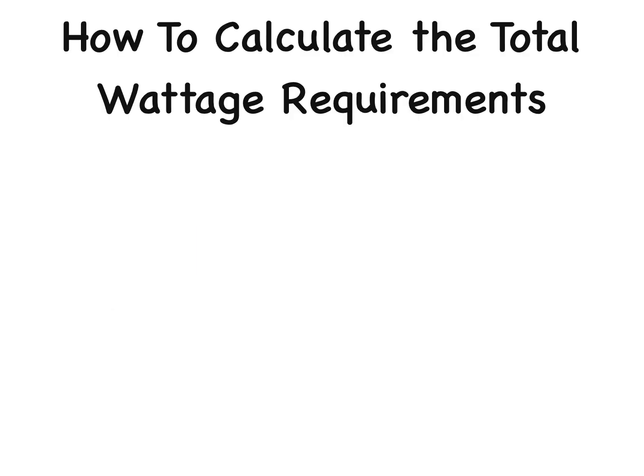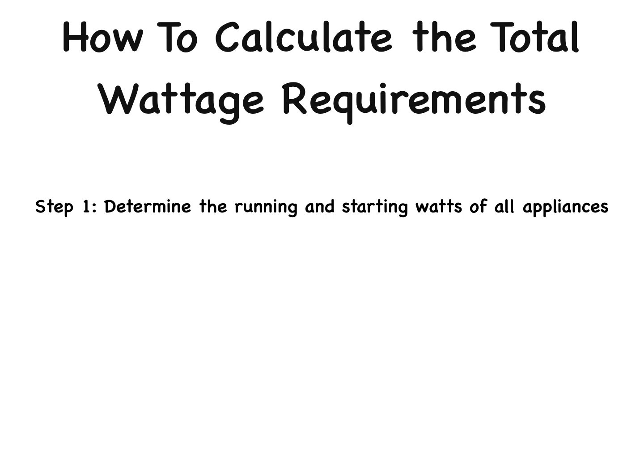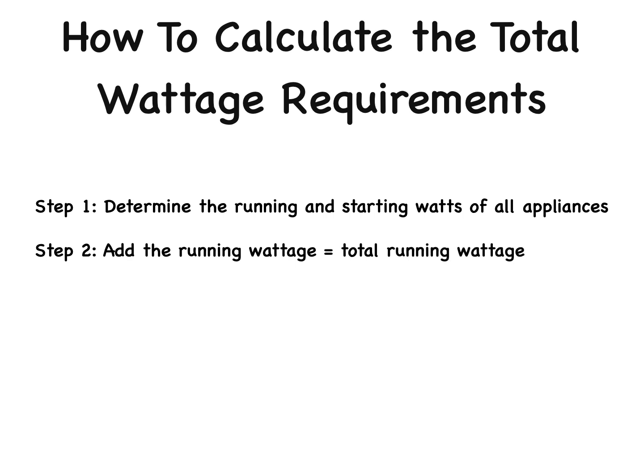This is how to calculate the total wattage requirements when dealing with a variety of motor loads. Step 1. Determine the running and starting watts of all appliances that you want to power with the generator. Step 2. Add the running watts of all appliances to find the total running wattage your generator should supply. Step 3.